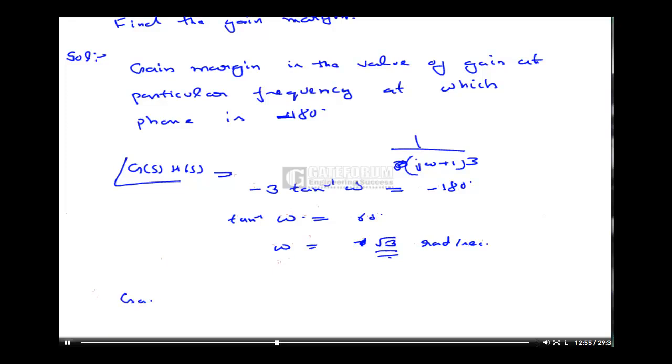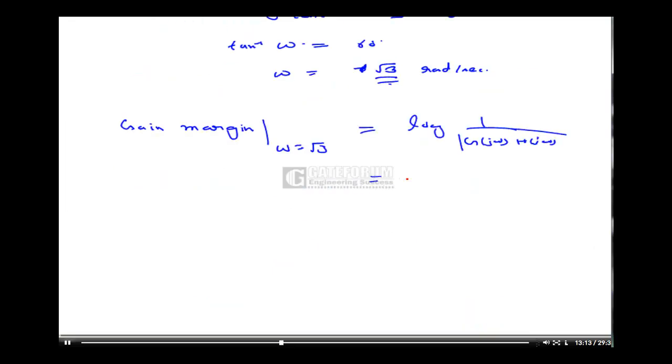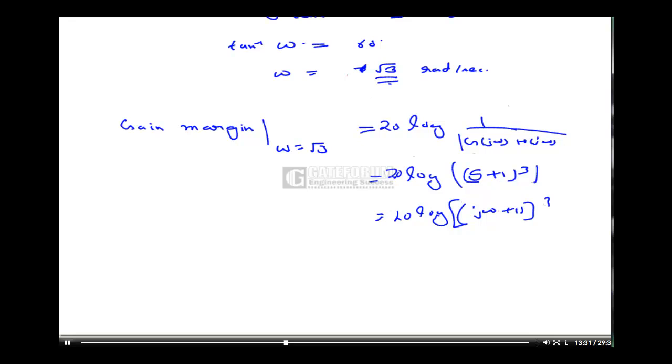With this omega, I need to find my gain margin. So gain margin at omega equal to root 3, this omega is called phase crossover frequency, is 20 log of 1 by G(j omega)H(j omega). So this is 20 log of (s plus 1) whole cube, 20 log of (j omega plus 1) whole cube.